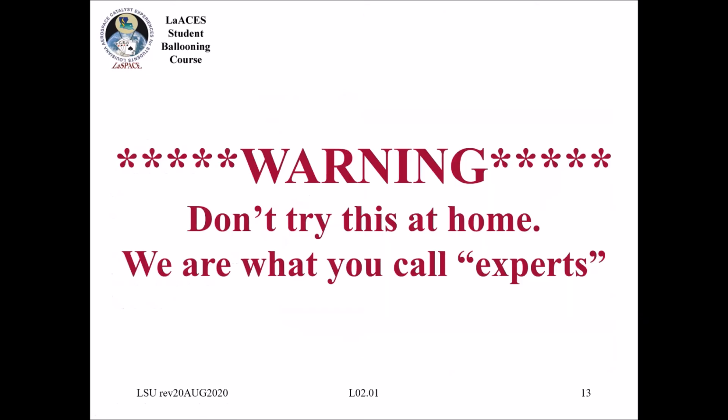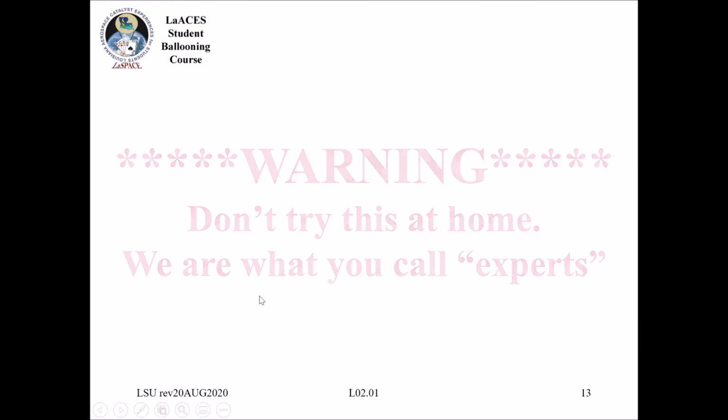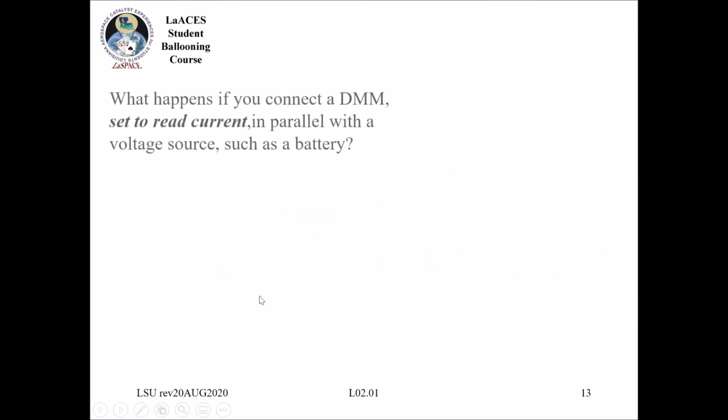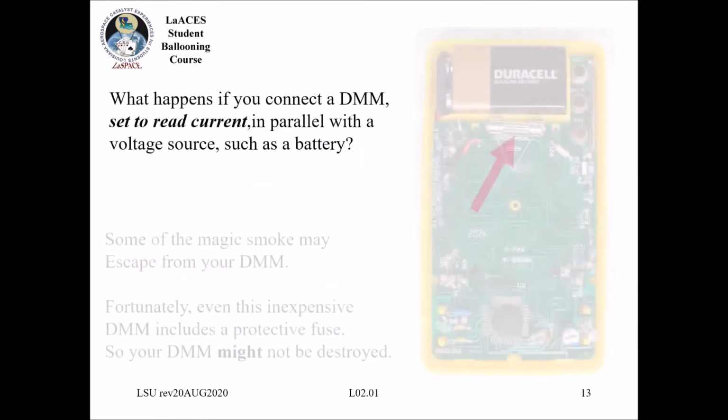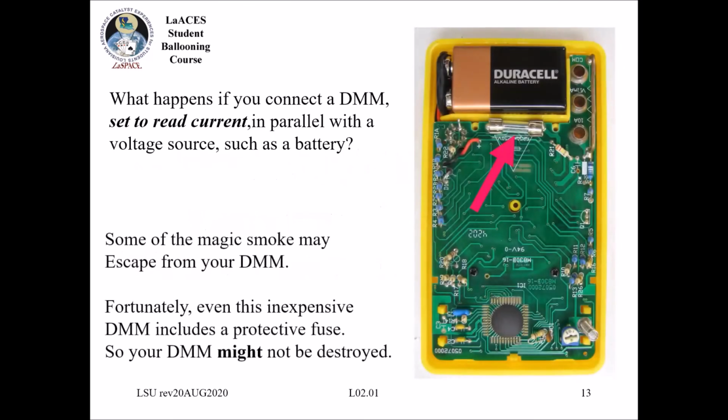And this section is to try to help you whenever you accidentally connect something, like trying to measure current with the voltage probes plugged in incorrectly. So if you connect the multimeter set to read current in parallel with the voltage source, such as a battery, then what happens is you kind of damage something.